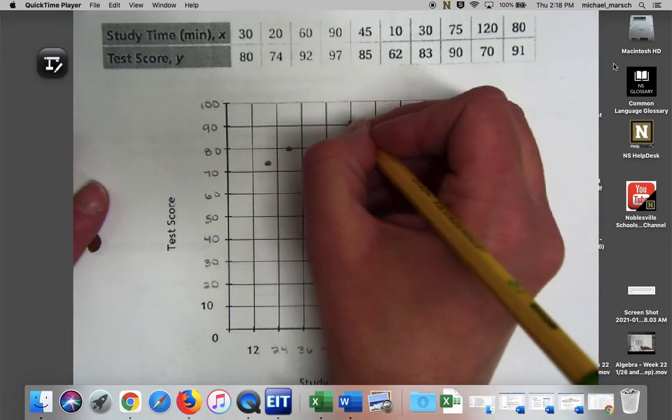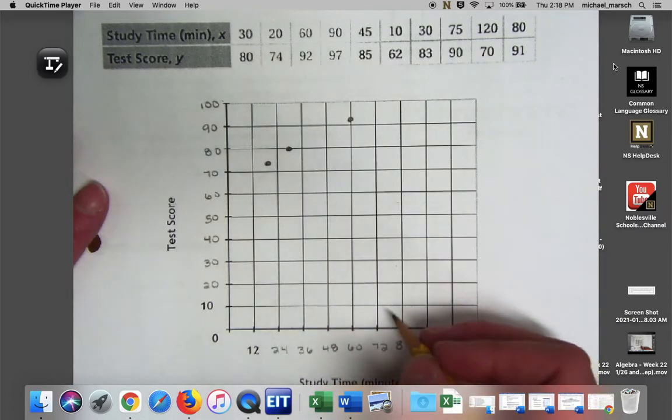Oh, how did it just go back? Yeah, it's not in any particular order.